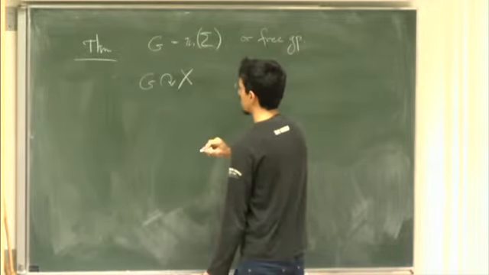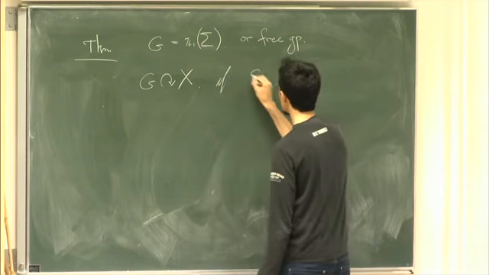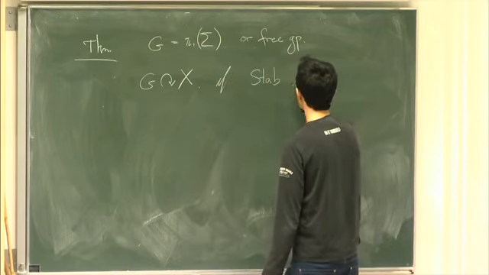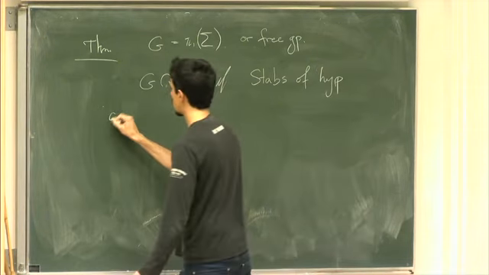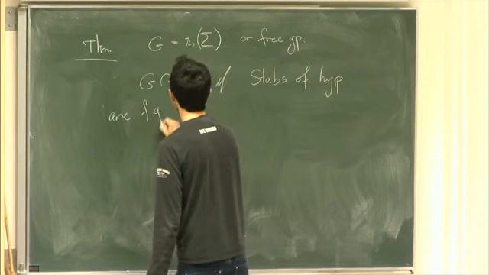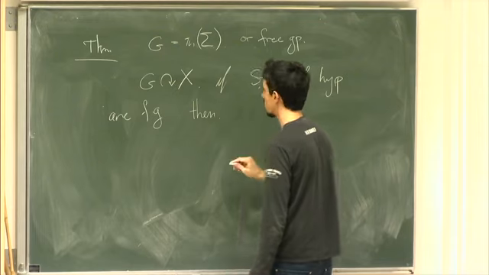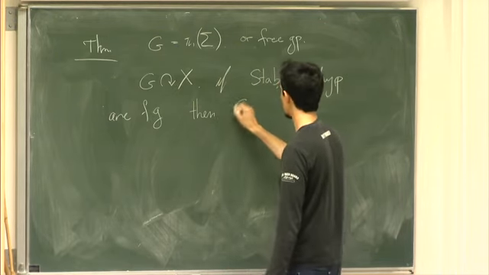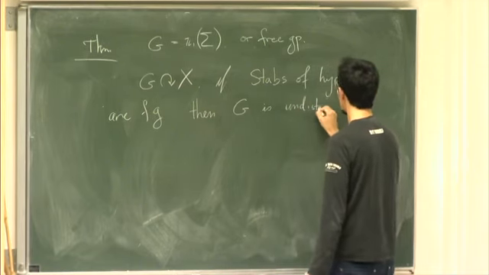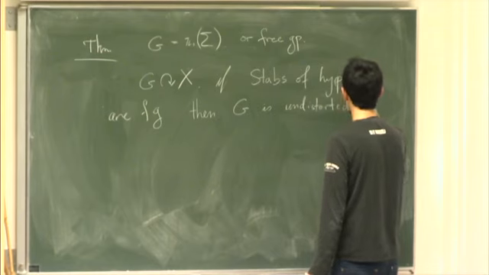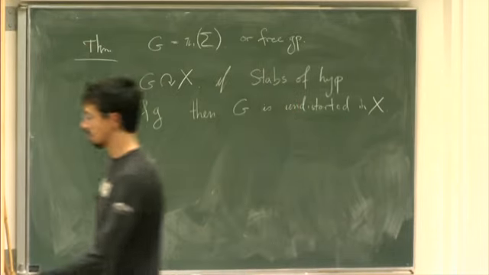So the assumption is, if the stabilizers of hyperplanes are finitely generated, then I claim G is undistorted in X. And the reason is the following.